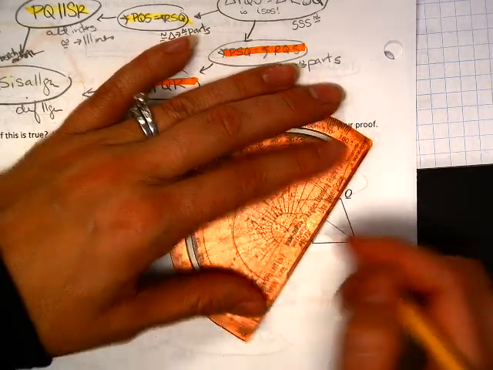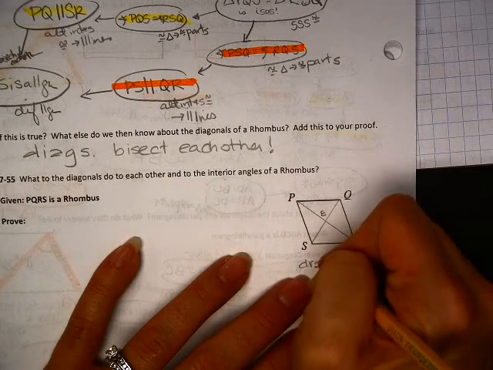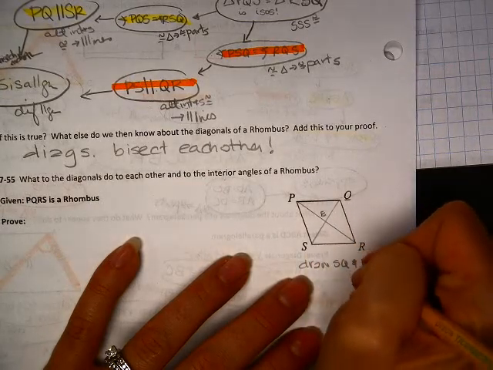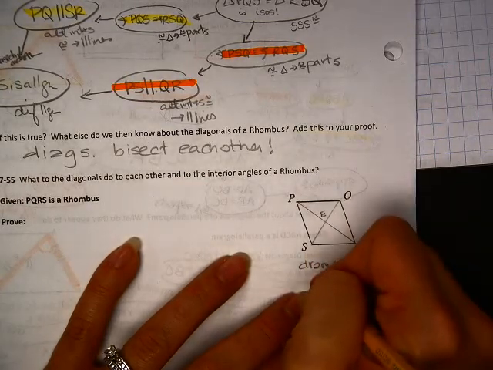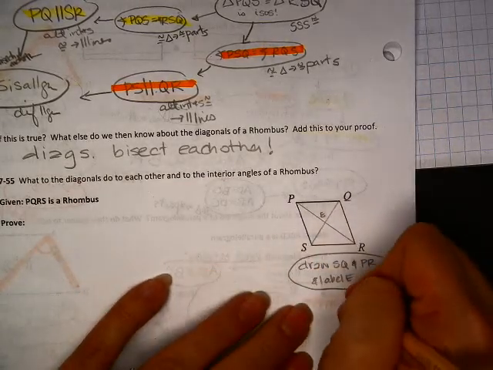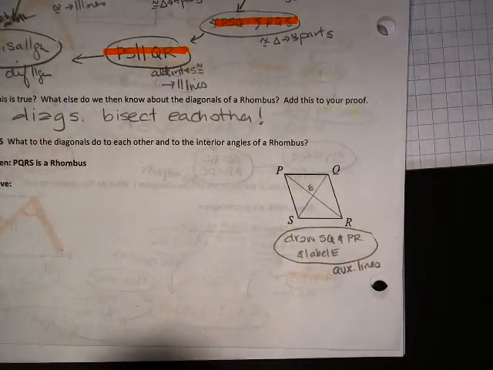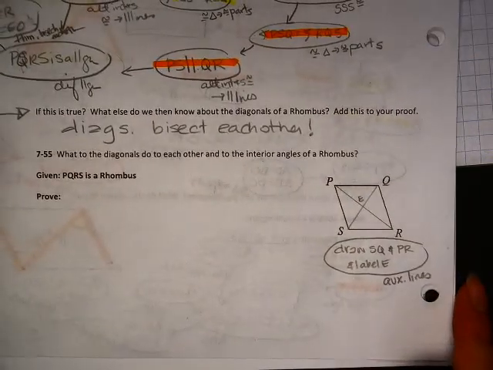So I'm going to draw some auxiliary lines here. We're going to draw SQ and PR and label E. The reason we're allowed to do that is we're just connecting dots, so it is drawing auxiliary lines.